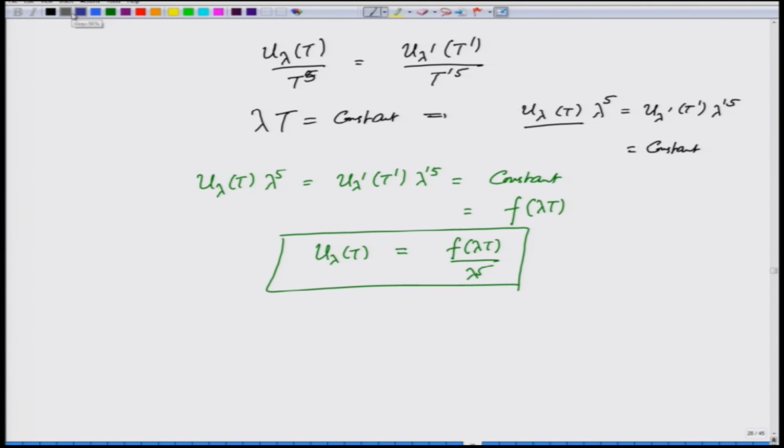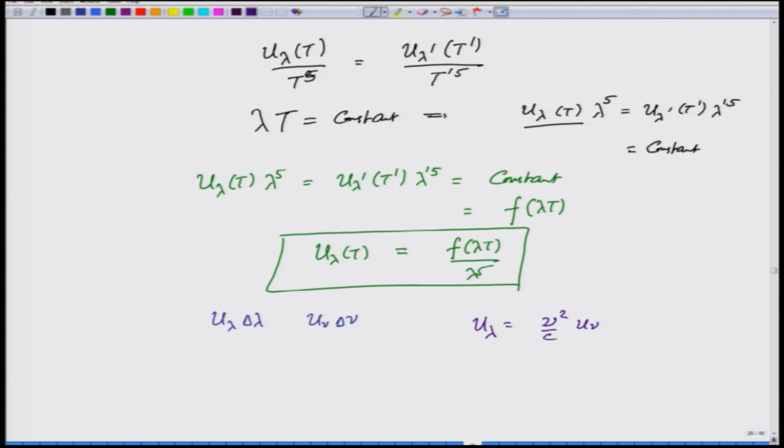This also tells you that since u lambda delta lambda we equated to u nu delta nu, and if you recall from one of the previous lectures, we had obtained that u lambda was nu square over c u nu.